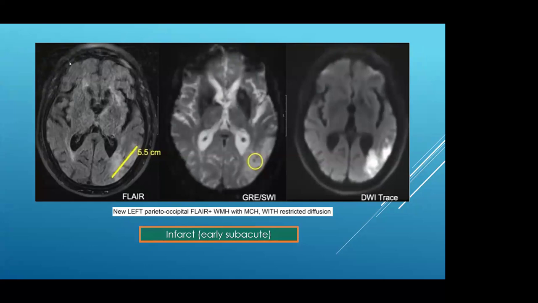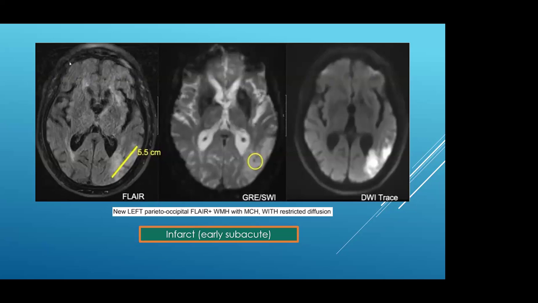So again, you have a T2 FLAIR in which you're seeing some hyperintensity, and you have a GRE in which you're seeing some hypointensity corresponding to bleeding. But you also have DWI, and DWI will essentially tell us about cytotoxic edema.